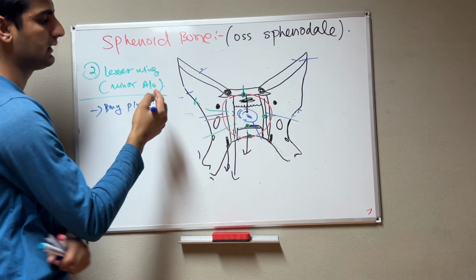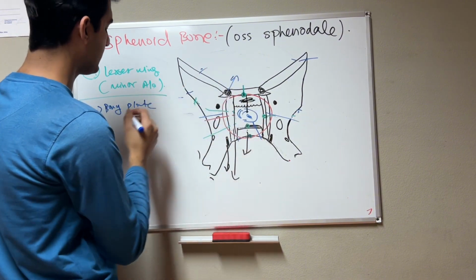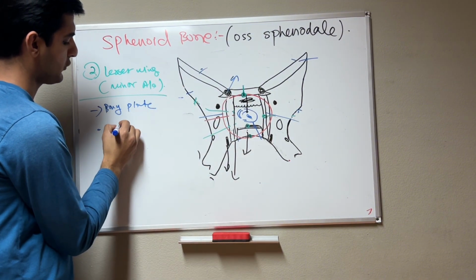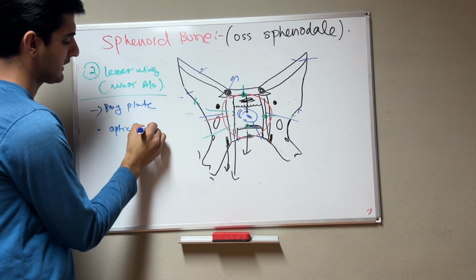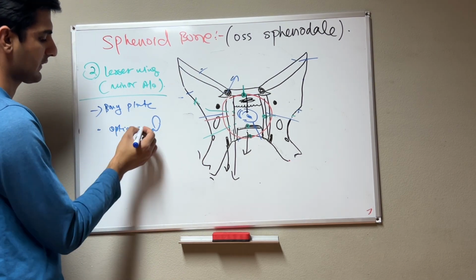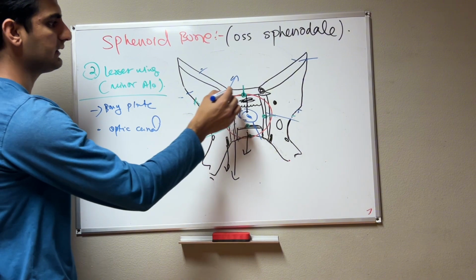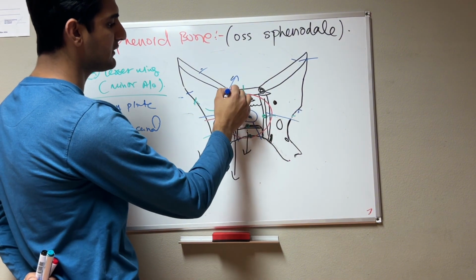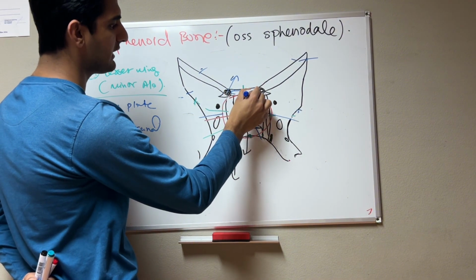It's a bony plate. Now we have the optic canal, or canalis opticus, on both sides, and between the two canals we have a groove.